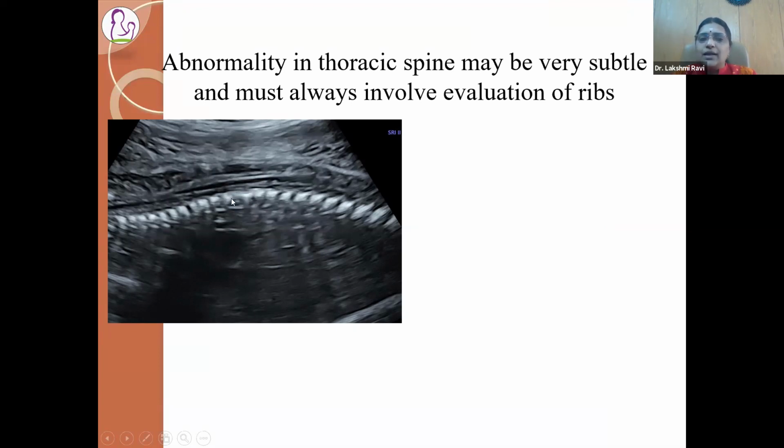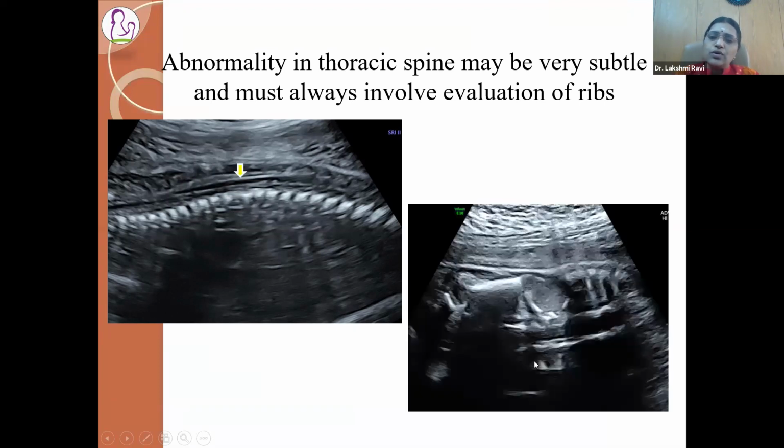And once I feel that there is something missing in this area, then I try and do a coronal section and see if I can see the ribs in the coronal view. And I see that the ribs here are okay, but obviously there is something missing here, not looking good. And I'm yet to define what really is the problem.